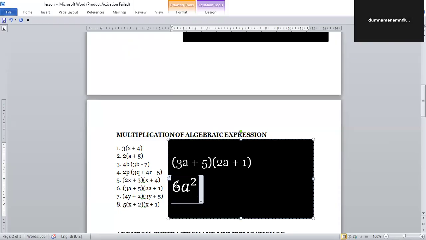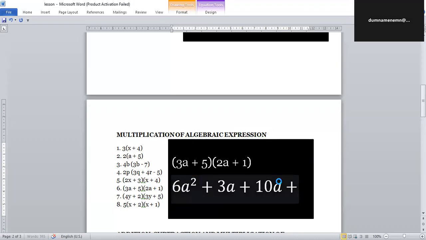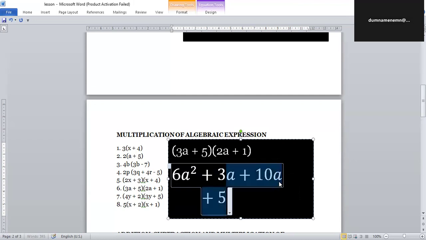Since the variables are the same, a multiply a, I'm going to have it to be what? a squared. Put your plus. 3a times 1, I'm still going to have 3a. 5 times 2a, I'm going to have it to be 10a. Then 5 times 1, I'm going to have it to be 5. Oh, this is large.